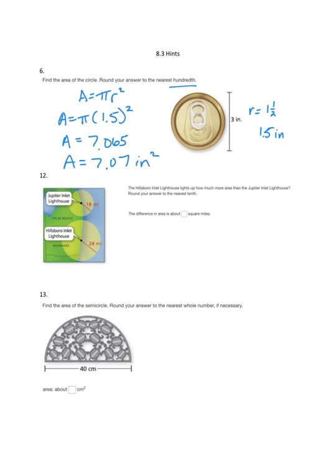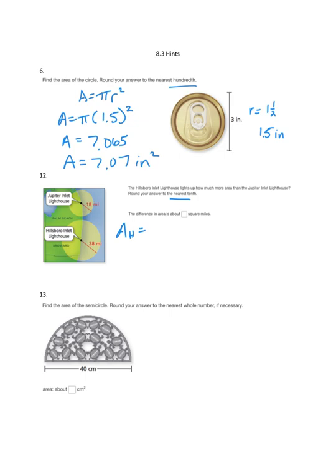All right, number 12, we have this Hillsborough Inlet Lighthouse lights up how much more area than the Jupiter Inlet Lighthouse? So we're going to find the area of each of these. It says to round to the nearest 10th. So let's first find the area of, I'm going to call it AH for the area of the Hillsborough Lighthouse.